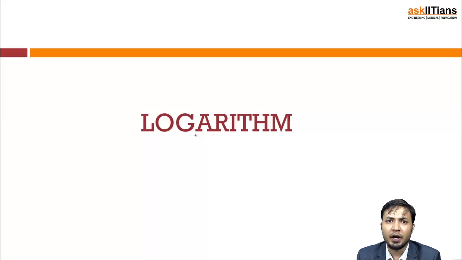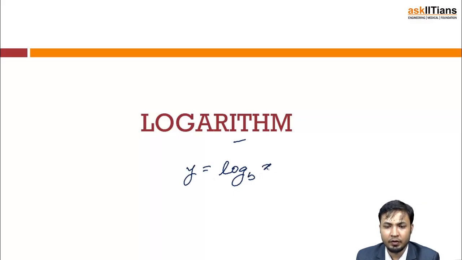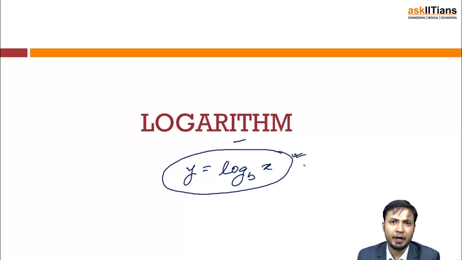Hi, in this part we will look at logarithm. Now, what is basically a logarithm? Logarithms are forms you have read. Log, it is represented something like this. Now why does this equation come?